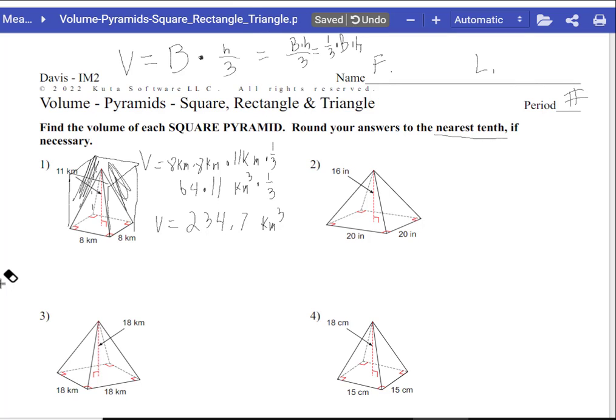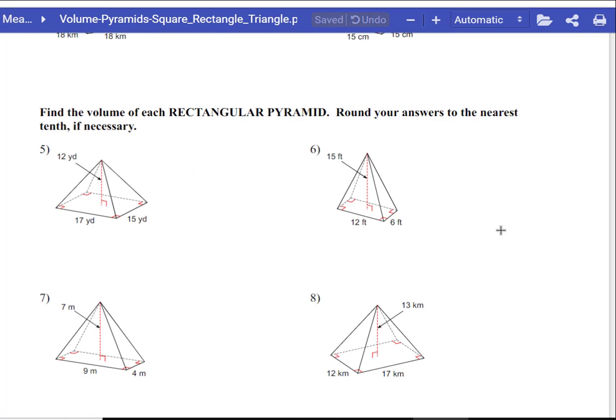Alright, well, let's continue. Let's do finding the volume of a rectangular pyramid. So once again, it's going to be the volume of 1/3 the area of the base times the height of the object. Looking at this, we have to understand what it is asking us to figure out.